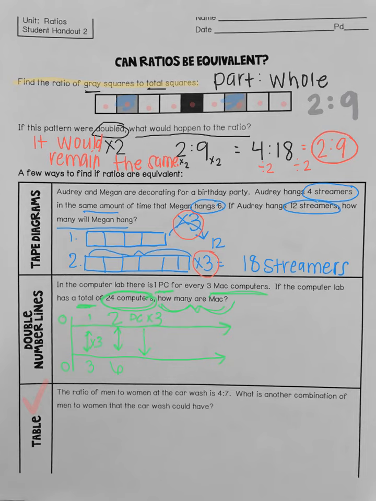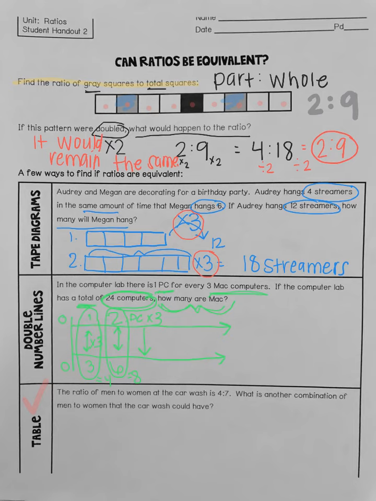So if I know that I have a total of 24 computers, I'm going to take that number 24 and I'm going to continue my number lines. So if I know when I have 1 PC and 3 Macs, that makes for a total of 4 computers. When I have 2 PCs, that means I have 6 Macs. I know I have a total of 8 computers.